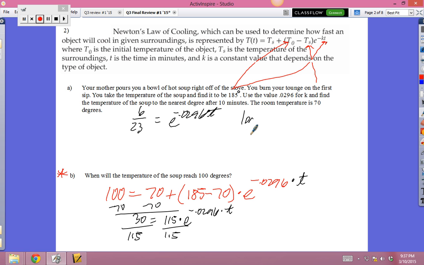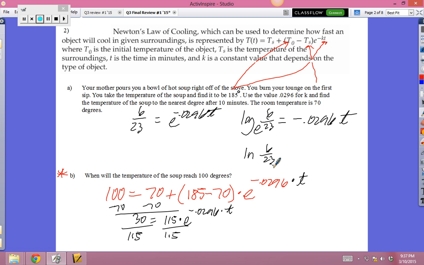So it's going to be log in base e, that's my base, of 6/23, and that is equal to a negative 0.0296 T. So now I'm going to do this on my calculator. I'm going to type in log in base e, which is the same thing as ln of 6/23.